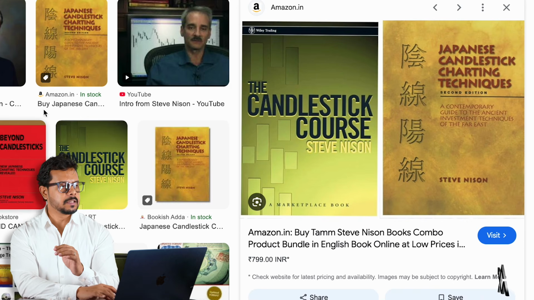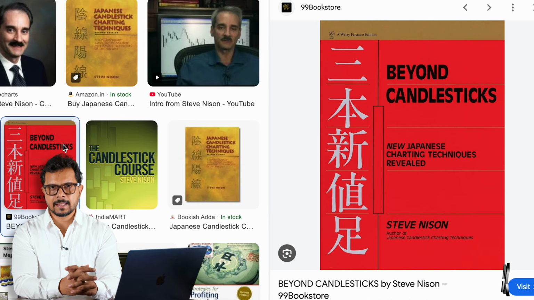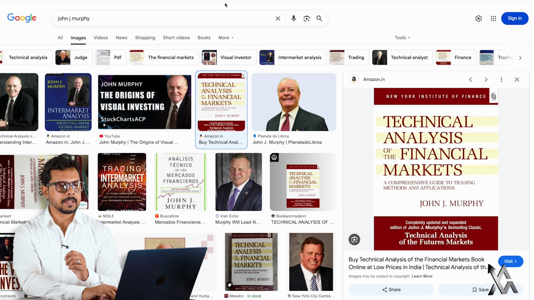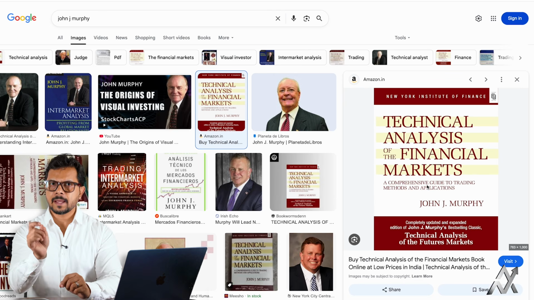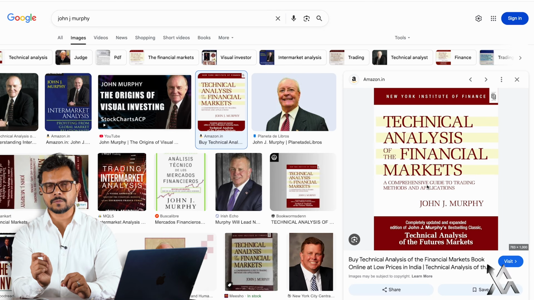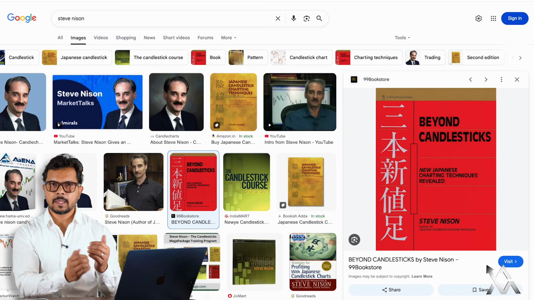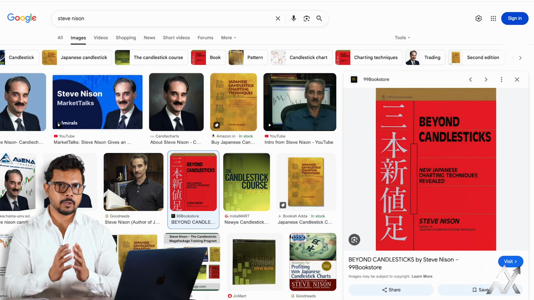But if you read these two, there's no better source than Steve Nison's work for understanding candlesticks. I'll take you back a few steps. John J. Murphy's book on technical analysis has a chapter on candlesticks, but it's just brief. When you come to Steve Nison's work, you go deeper into candlesticks.